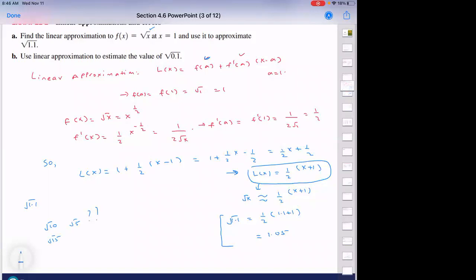Go back to the linear approximation again. That linear approximation of that function square root of x is at which point? At 1. So when you try to find the square root of 10, that is way off.